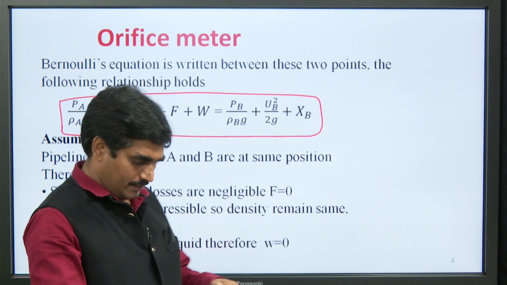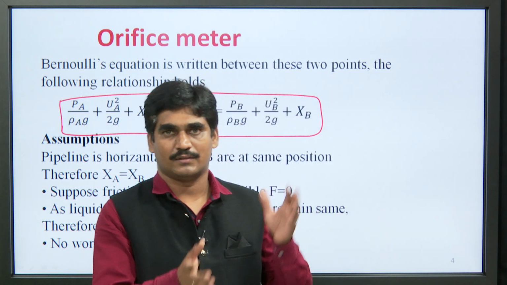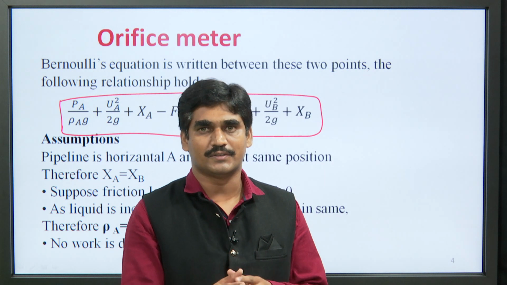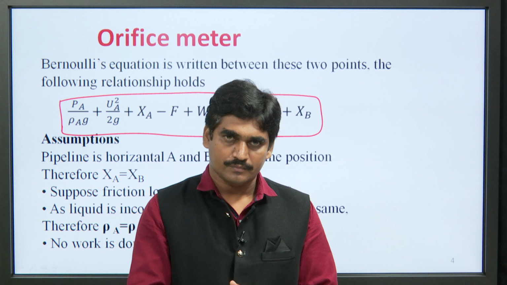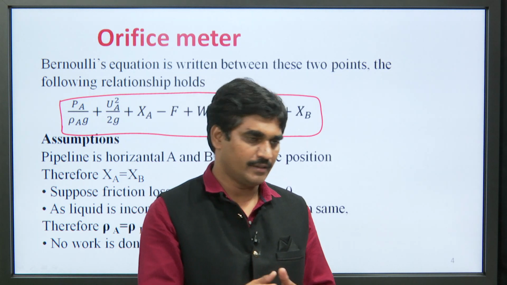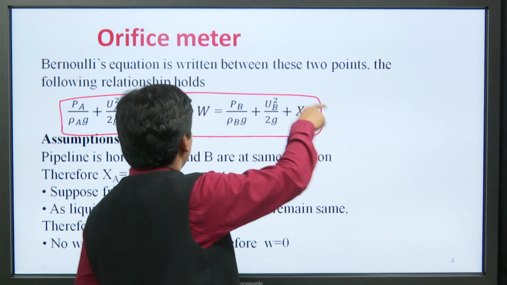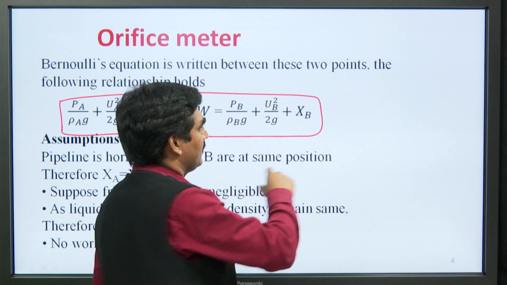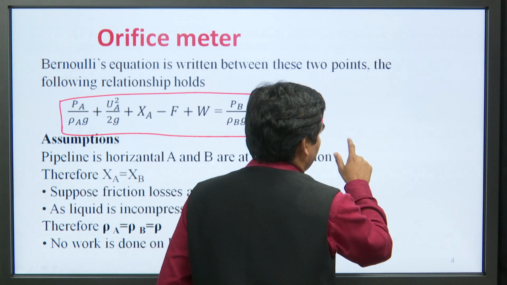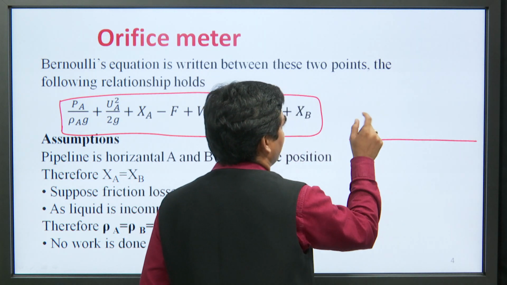So, while considering this equation for orifice meter, there are certain assumptions that can be taken into consideration. For deriving this equation with the help of Bernoulli's theorem equation, certain things were assumed.